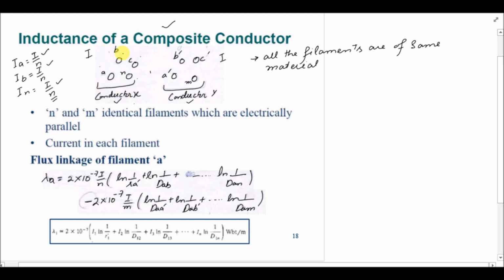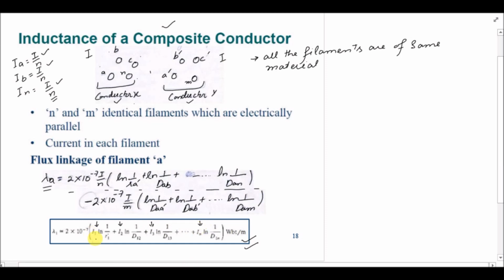So this is the same formula that we derived in the last lecture, for the flux linkage of conductor A in conductor X, in which we have more than one filament. The formula was 2 times 10 raised to minus 7 times I over n. This was the current, because in that case we were considering different currents in different filaments.